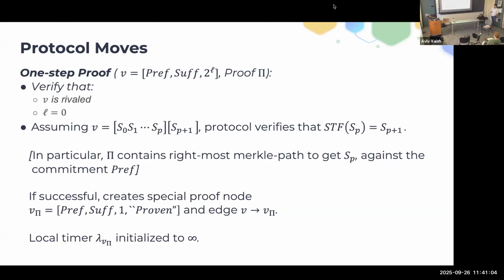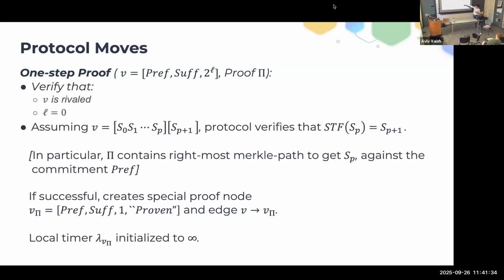Okay, the final move that I want to present is the one-step proof. In the end, you get to the step where you disagree just on one state, so this is what resolves this. What it will accept is some node V, which presumably exists in the graph, and some proof pi, which I'll talk about in a second. It's going to verify that V is rivaled, like before.